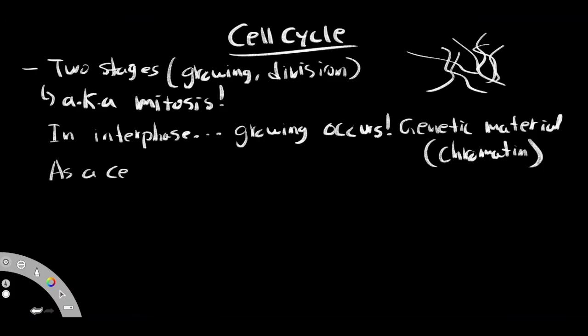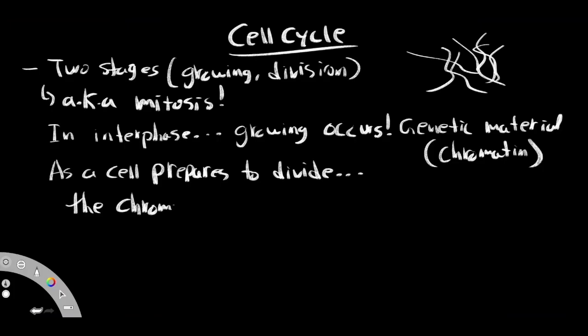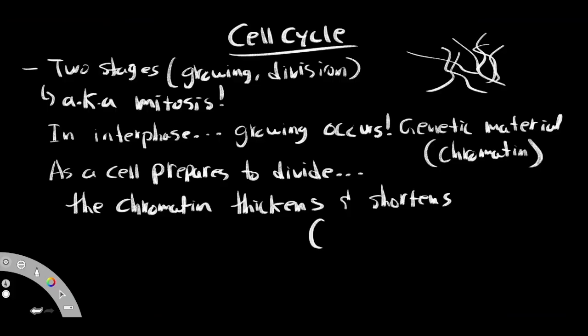As a cell then prepares to divide, to go into mitosis, the chromatin thickens and shortens. With the help of those histone proteins, they become a nice X-like helix-shaped structure, and we now call this an official chromosome.